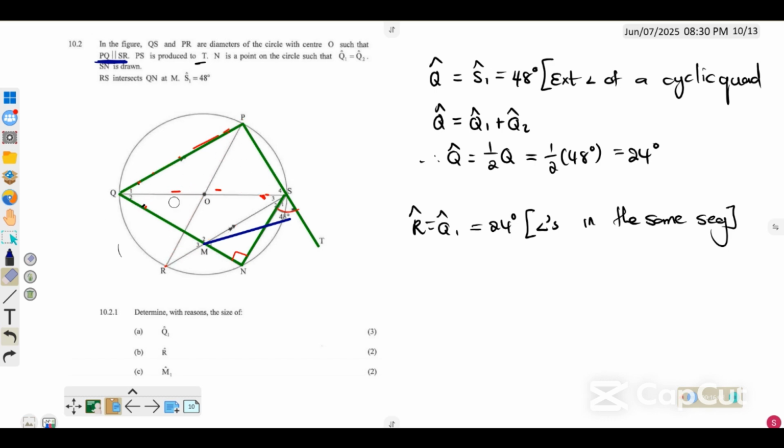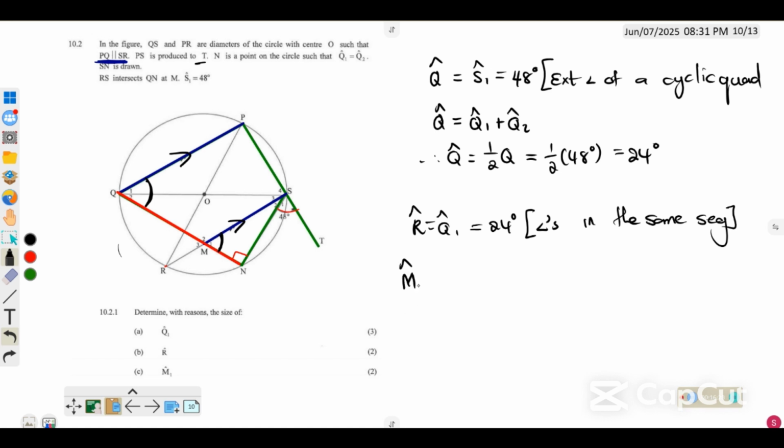Let's remove this. If you look at this, you will see that this blue line right here, which is this one, is parallel to that one there. And they are cut by this transversal line which goes this way. And since this is that, we can see that this angle is in a corresponding position as that.